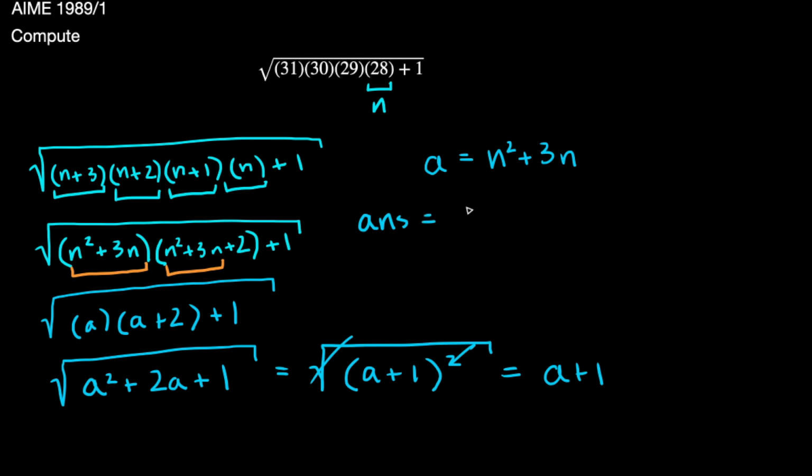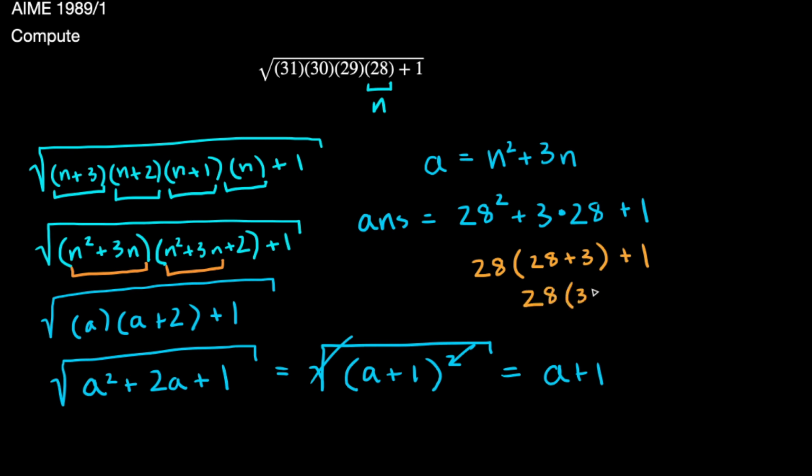So our answer is equal to 28 squared plus 3 times 28 plus 1. If we factor out a 28, we get 28 times 28 plus 3, plus 1, which gives us 28 times 31 plus 1.